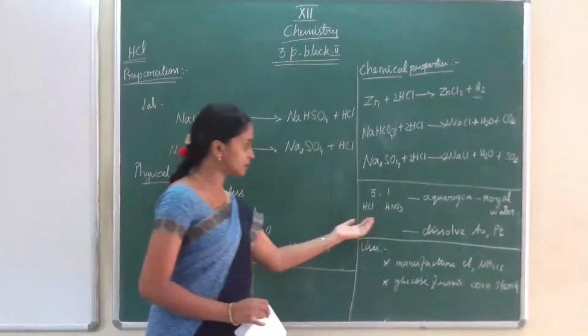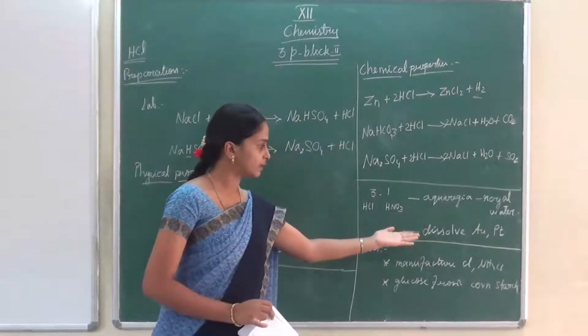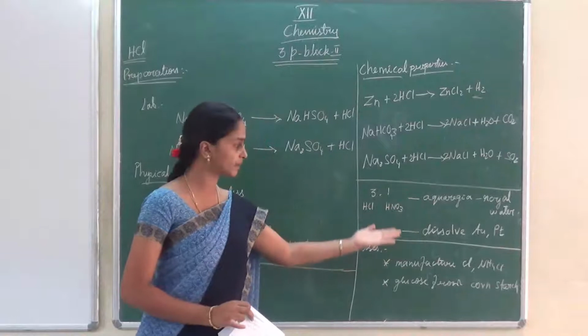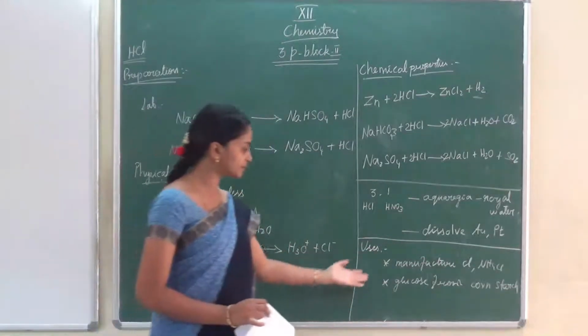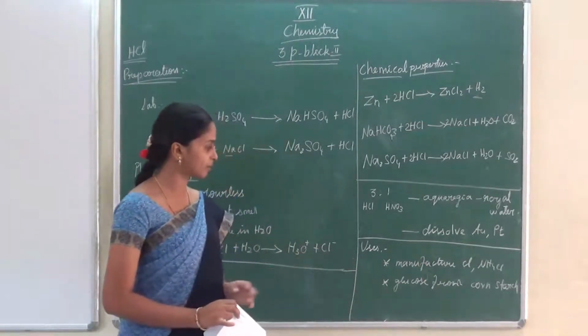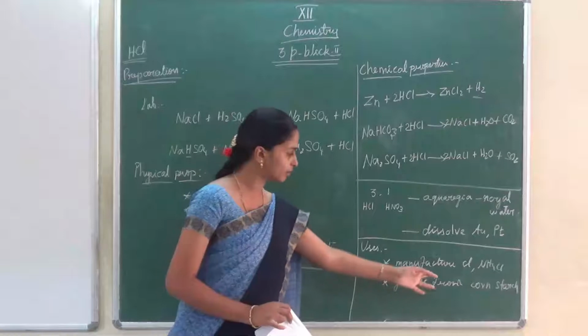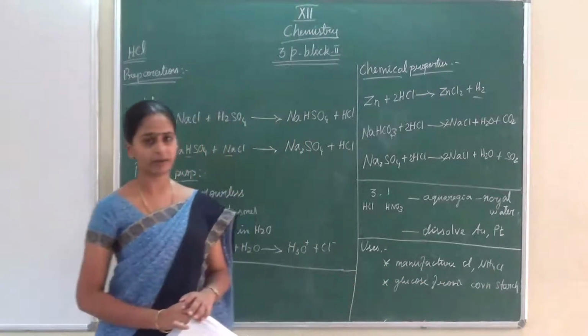And the 3:1 part of hydrochloric acid and nitric acid is called aqua regia. It is also known as royal water. It is used to dissolve gold and platinum. Then uses: it is used to manufacture chlorine, ammonium chloride, and for the extraction of glucose from cornstarch.